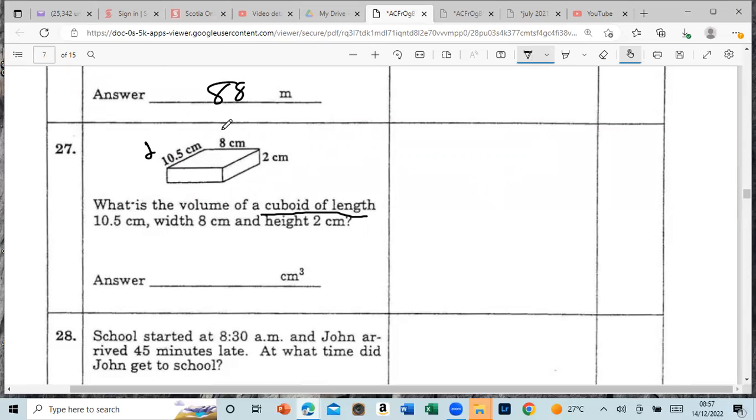This is our width, and our height. So we know that volume is length times width times height. And the numbers are so nice, it can actually be very easy.